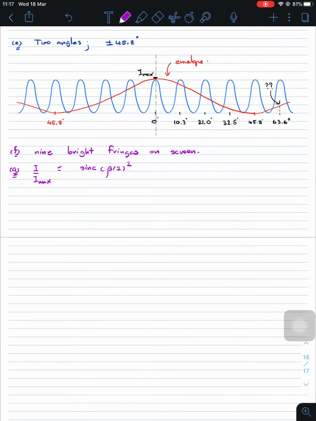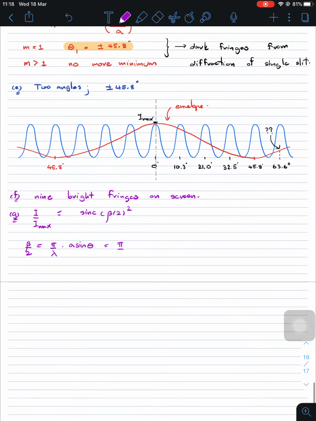So let's compute beta over 2 first. Beta over 2 is equal to pi over lambda times a times sine theta.